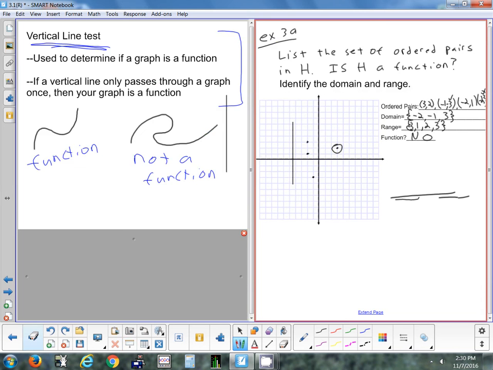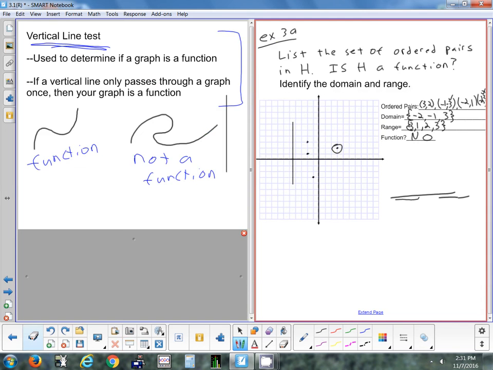All right, so far we've gone over three different names for the first coordinate. Can somebody tell me one of the names? X, perfect. What's a second name? Input. What's a third name? The domain, perfect.